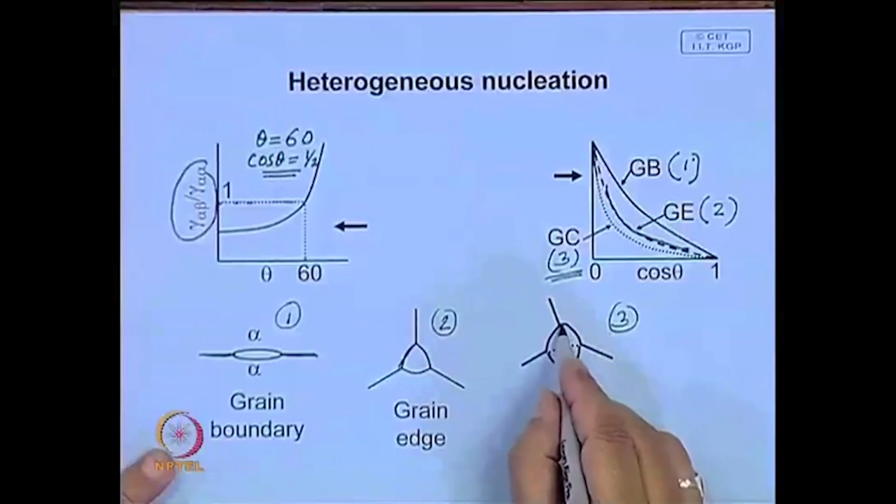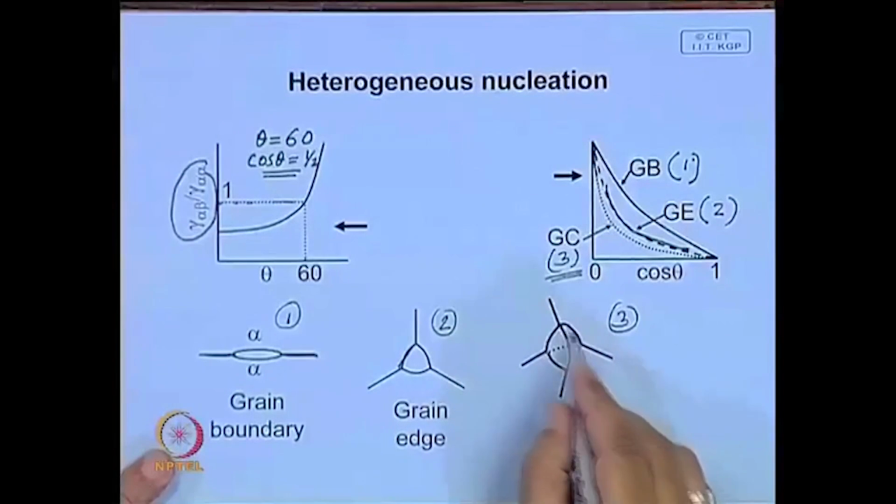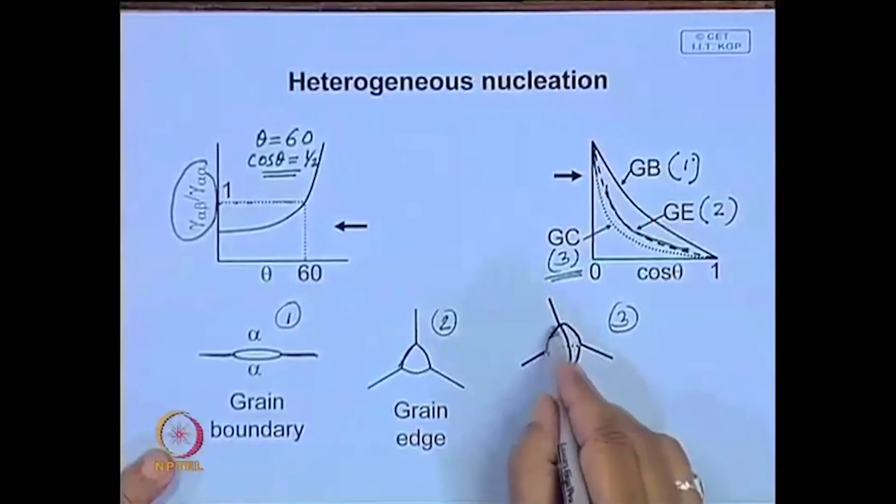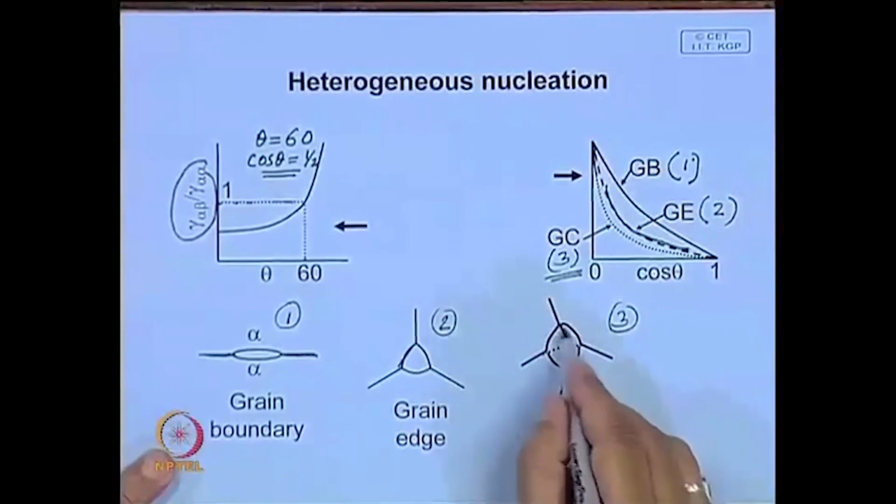and in 3 dimensions you can see that at a particular point in 3D, 4 grains can meet, which I have tried to show in this 2D diagram. So, it is something like a distorted tetrahedron.